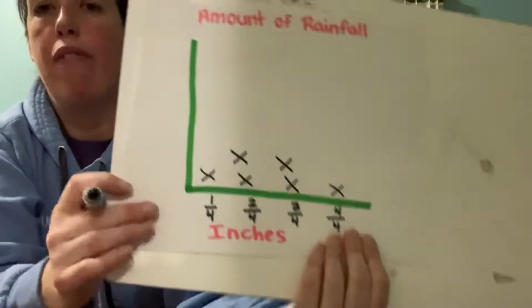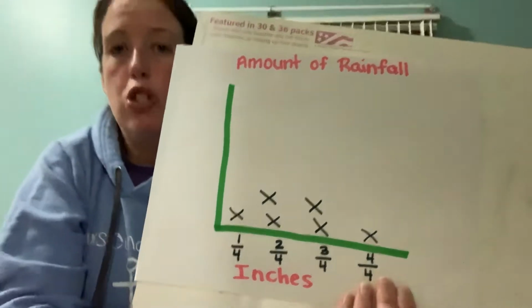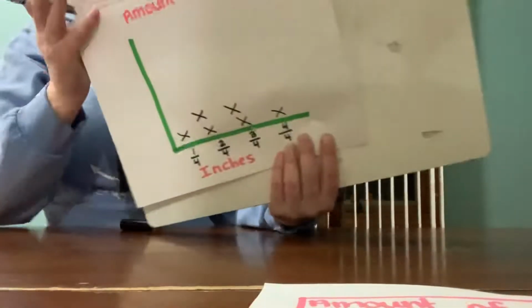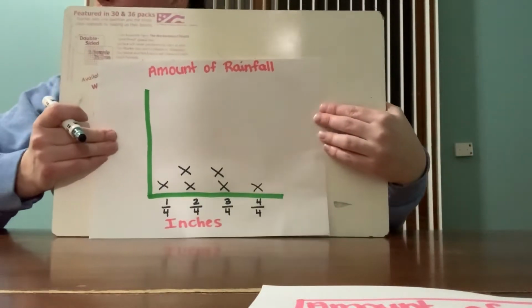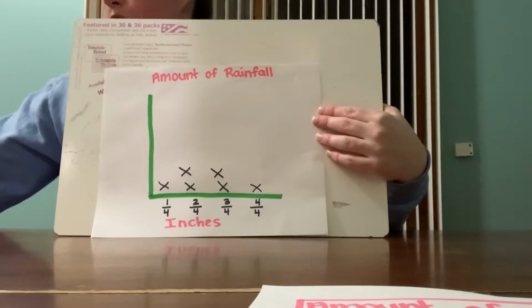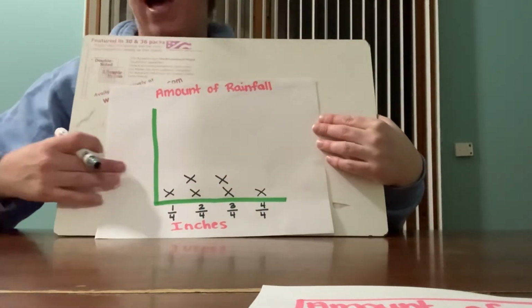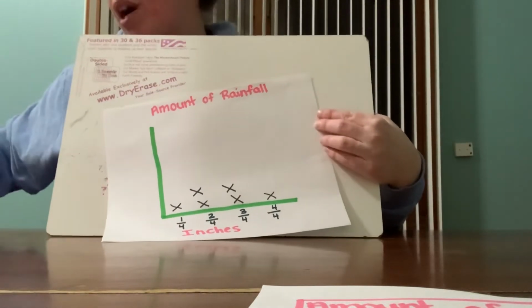So this line plot now shows the amount of rainfall over a few days, 6 days to be exact. Fantastic. So now let's answer some questions that could go with this line plot.